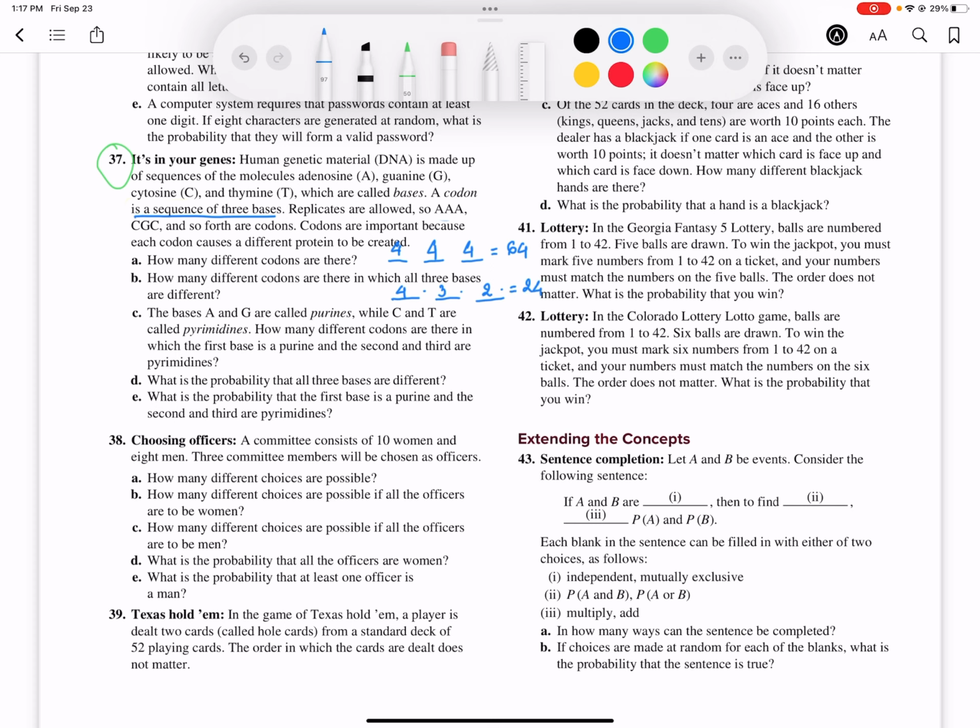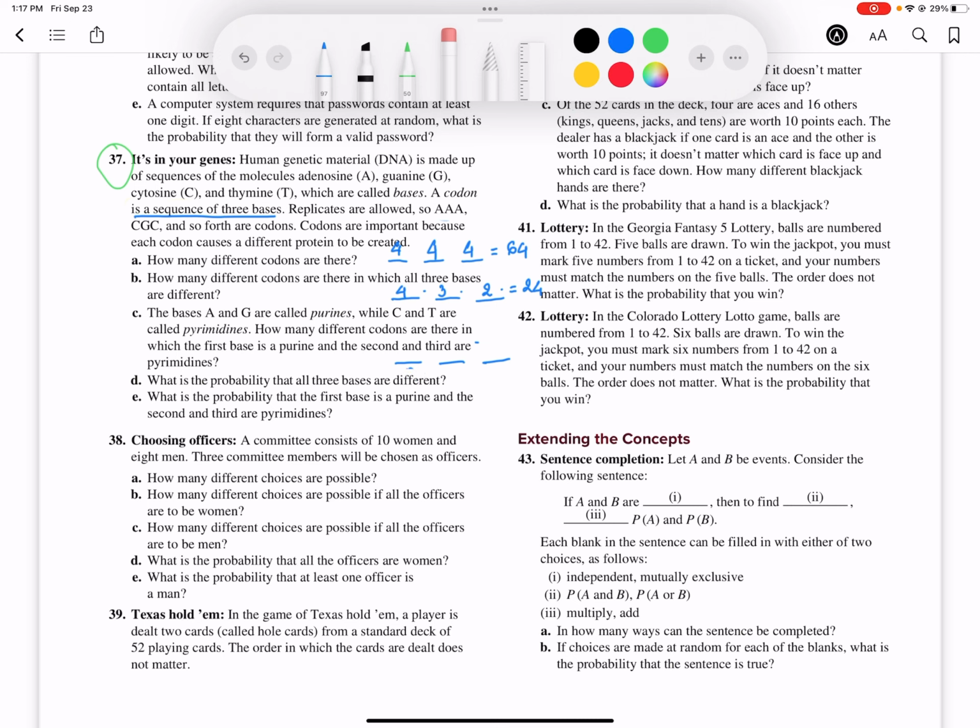In problem C, A and G are called purines and C and T are called pyrimidines. How many different codons are there in which the first base is a purine, and the second and the third are pyrimidines? Okay, so we have a codon 1, 2, 3. The first one must be a purine.